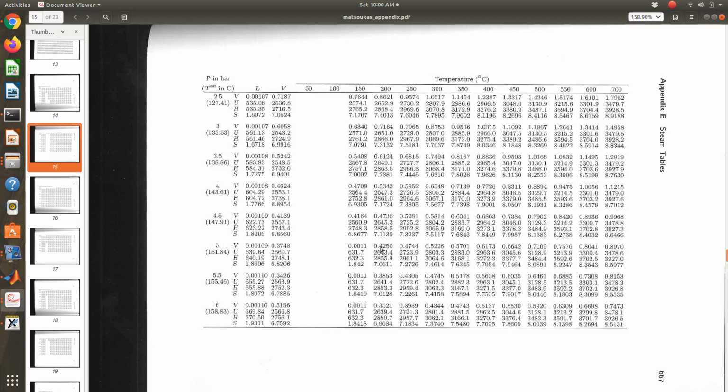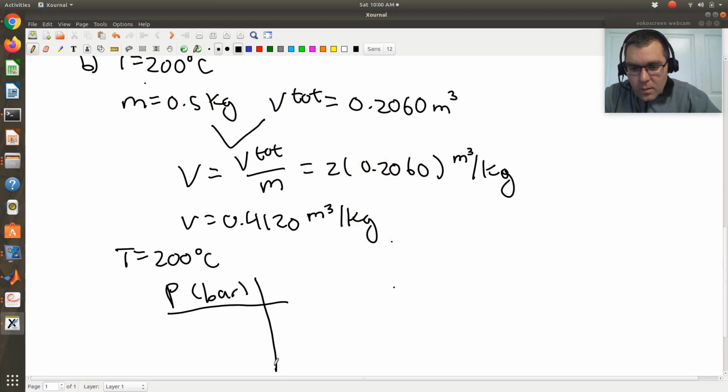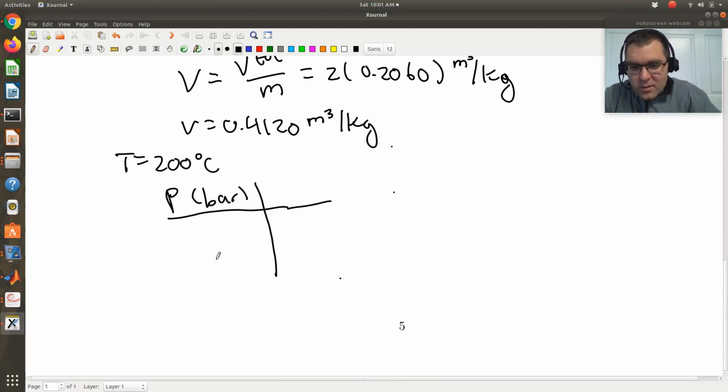Based on this, it looks like I'm between, so let me make a little table. Let me make volume so we can clearly see this. Volume, again, is in meters cubed per kilogram. So 5 bars, and I'm going to write 5.5.